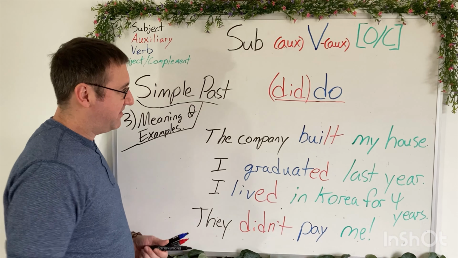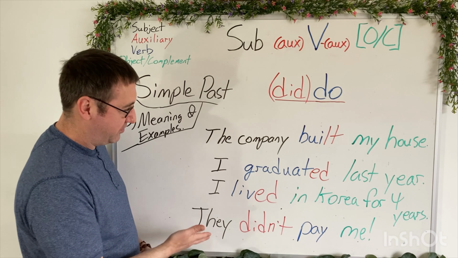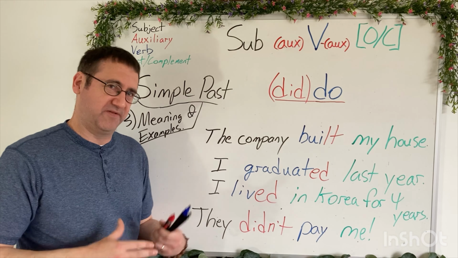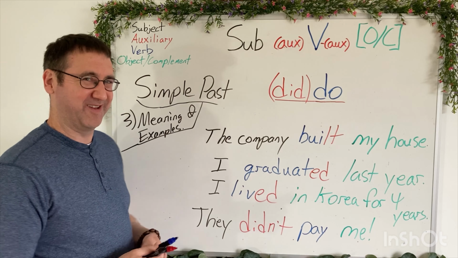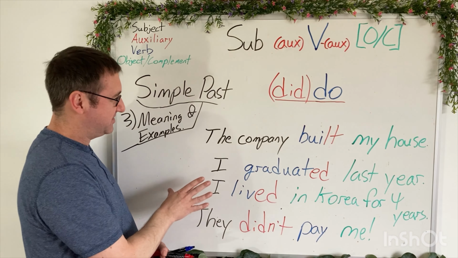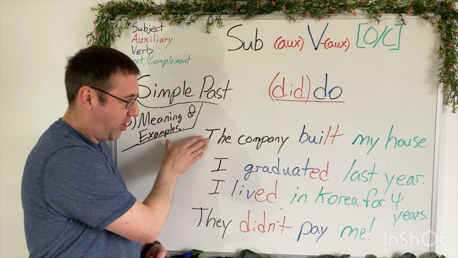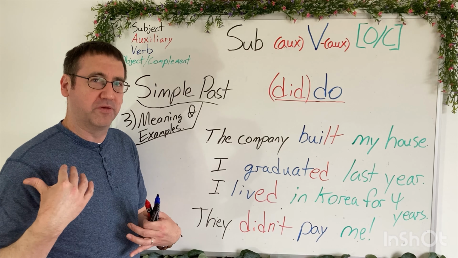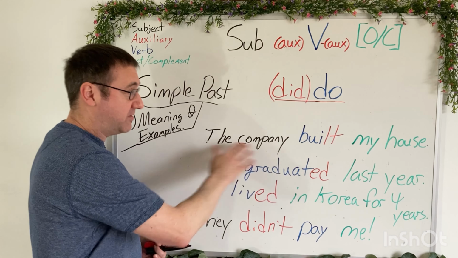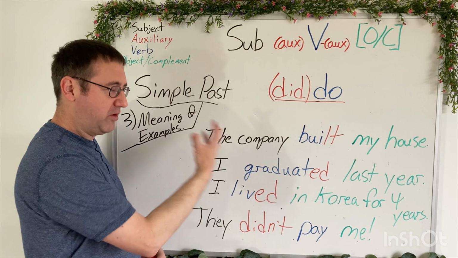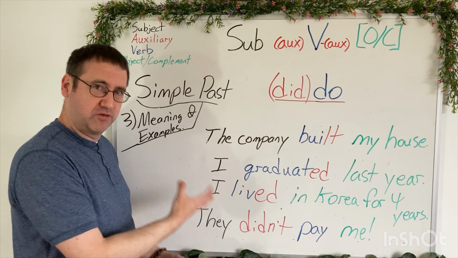Welcome to the last part of the video where I'm going to just go through 4 quick examples so that we can finish this video off as fast as possible. Okay, so here we go. The first example, and before I start, actually, all of these are considered past truth. Okay, a fact. The company built my house. That's a fact. That's true. So I'm going to look at these as if they are true statements.